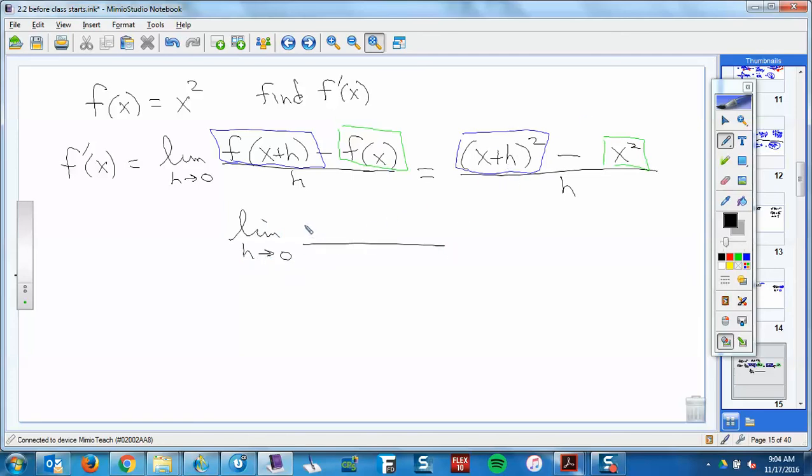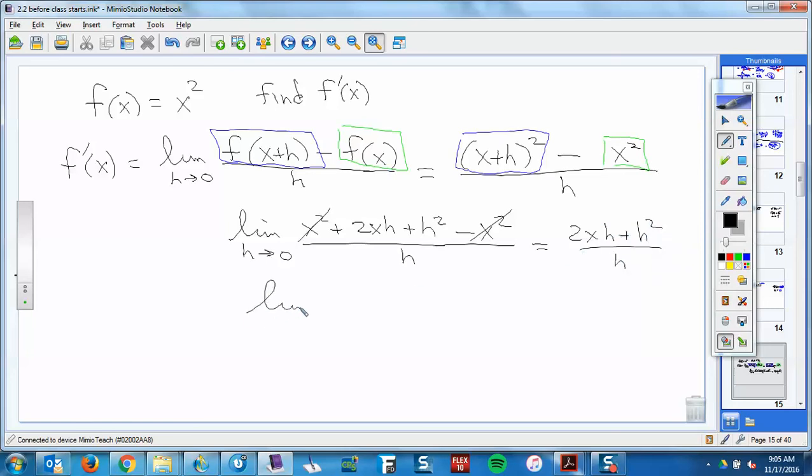Foil it out. What do you get? x squared plus 2xh plus h squared minus x squared all over h, which equals, now the x squareds cancel, so we get 2xh plus h squared all over h.